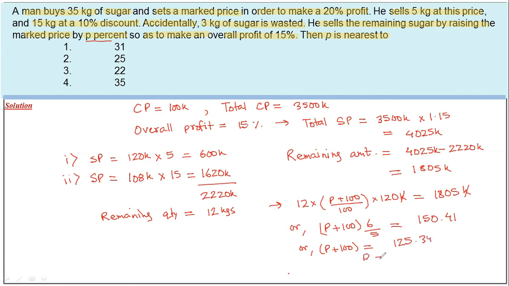So this gives us p as 25.34. So that is option 2.